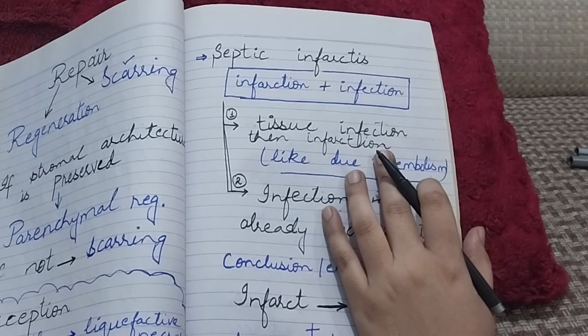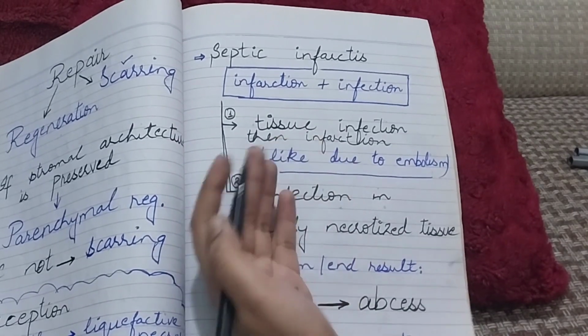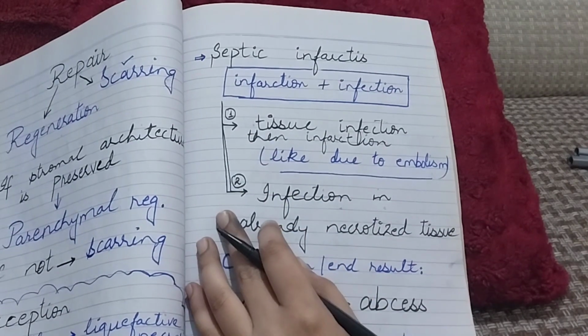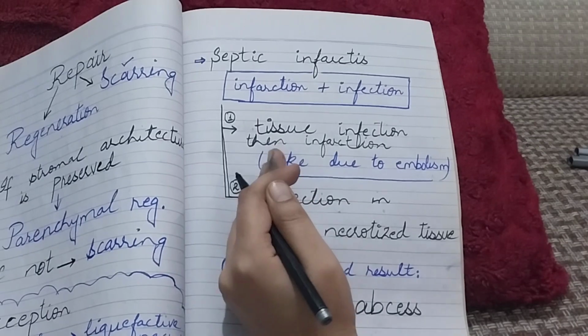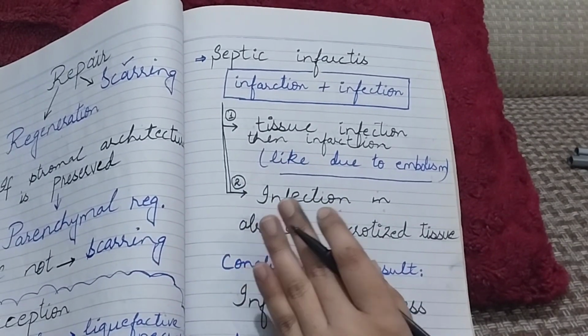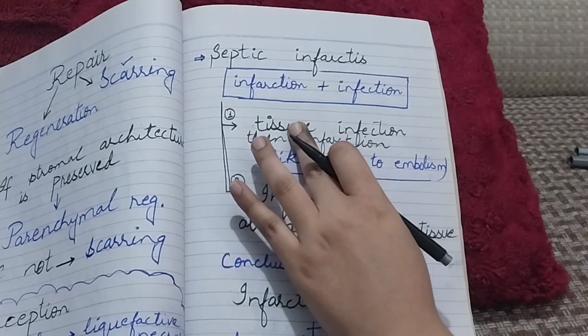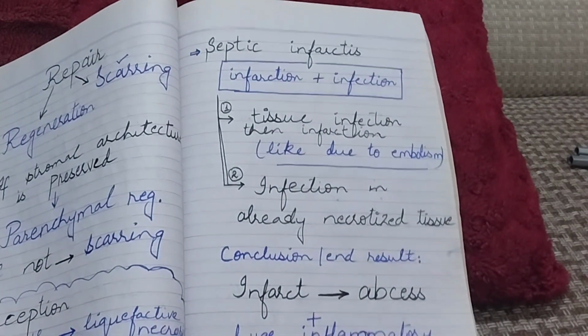Classic scenario is when infected cardiac wall vegetations embolize. The second case is if microbes enter already necrotized tissue. Here infarction is taking place first and then infection, while in the first case infection is first and then infarction happens.